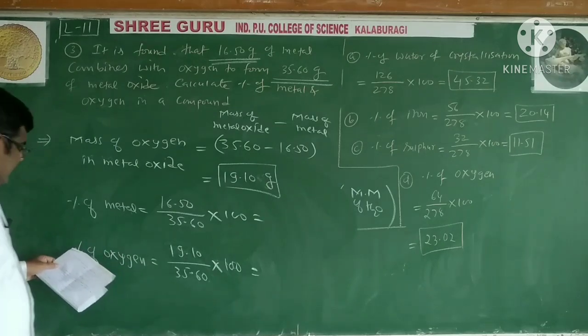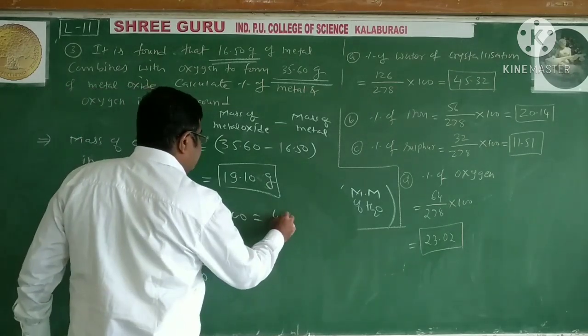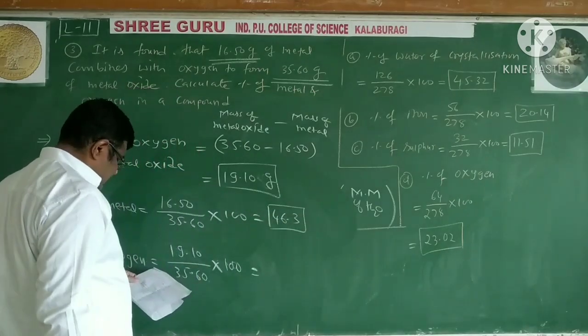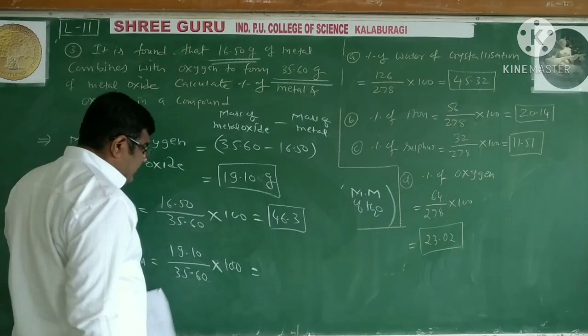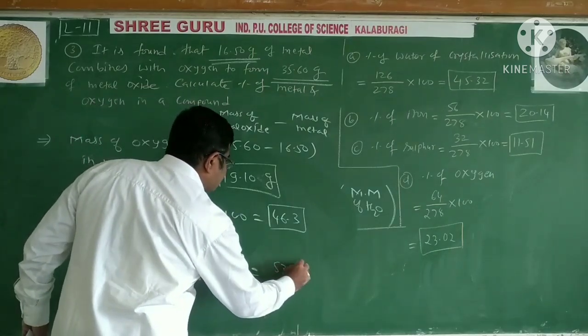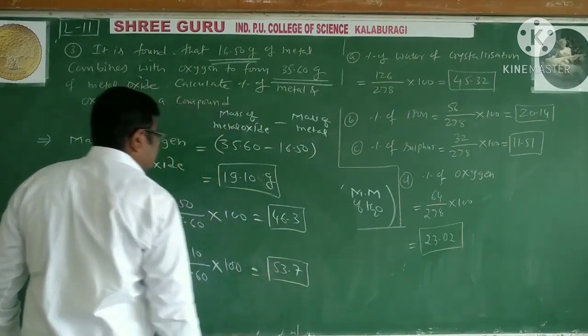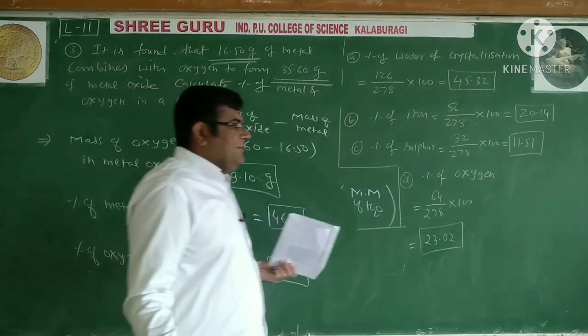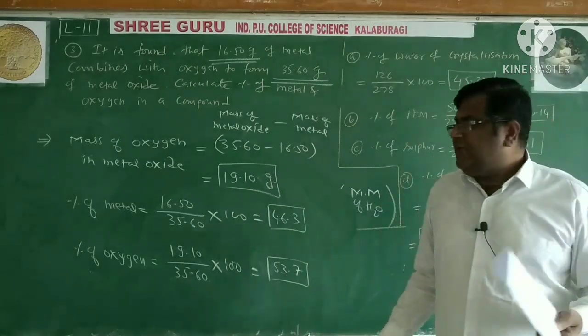This is 46.3 and the remaining 53.7. These are the answers we'll get here. Right, because in metal oxide there is presence of metal and there is presence of oxygen.